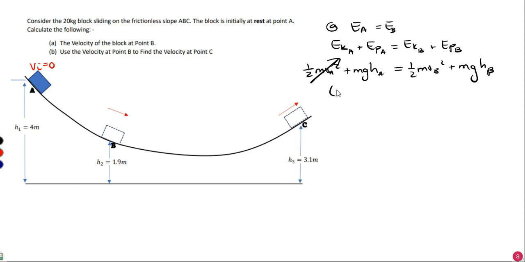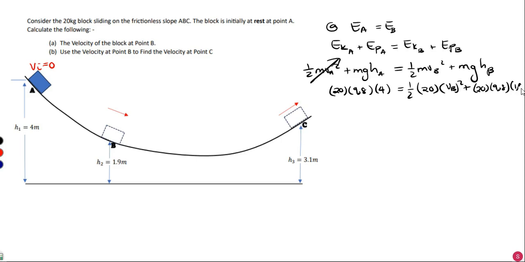And what do we have? The mass of the object, which is 20, times 9.8. What's the height? The height is 4 meters, which equals half. Remember, the mass of the block is 20, into the velocity at B, which is what we are looking for, so it's the velocity of B all squared, plus 20 times 9.8. What's the height at B?